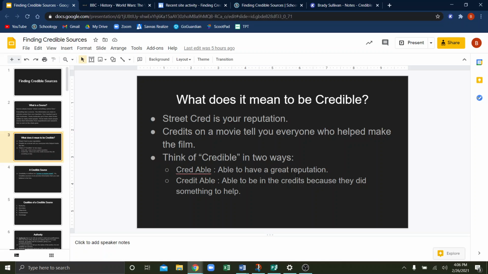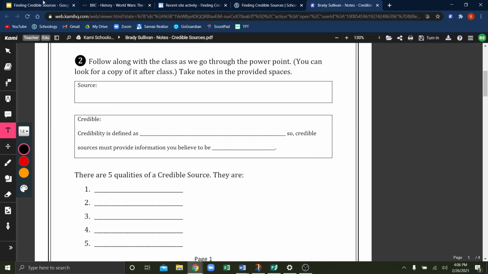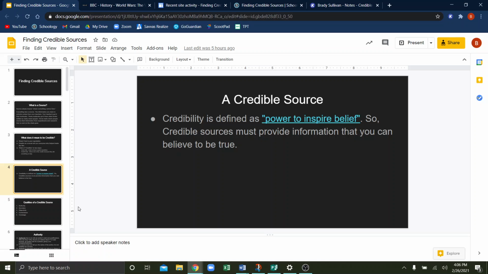So if something is credible, that means that it has a good reputation, and that means that it's helpful. That's what credible means. It's used interchangeably to mean reliable or trustworthy as well. So copy that down here on credible, and then I'm going to give you a definition to put on these lines on this next slide.